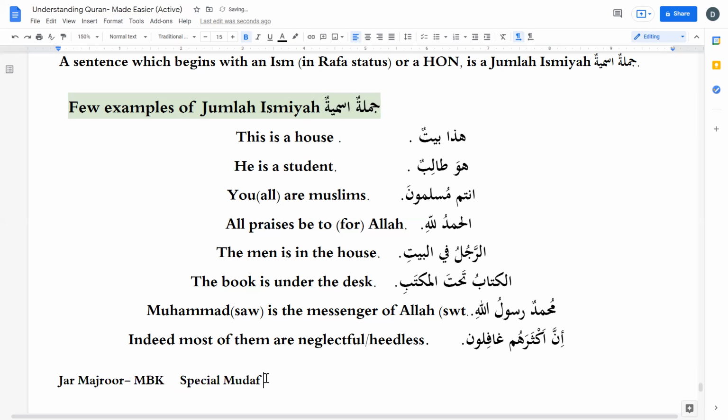So special mudaf of time and place, with its mudaf ilayh, or you see a jar majroor fragment in a Jumlah Ismiyah, then it is MBK, muta'alliq bil khabar. So these three types of Jumlah Ismiyah are the ones where khabar is not there, and this MBK, lillahi, jar majroor fragment is taking the place of khabar.